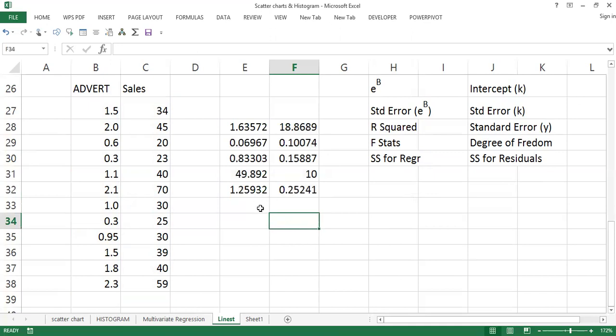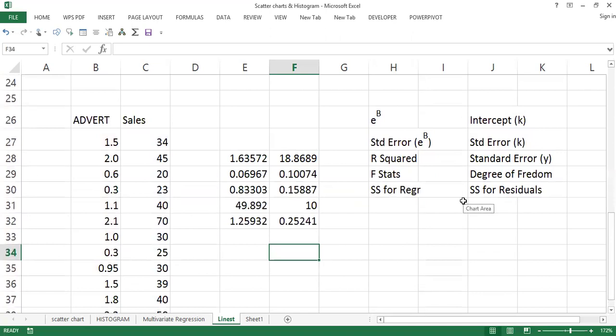So let's examine the output now and try to form the equation. So this is your output. This is the intercept. This is the coefficient of x, the slope. Then this is R squared, right?